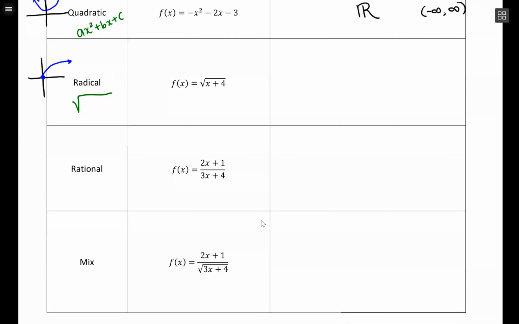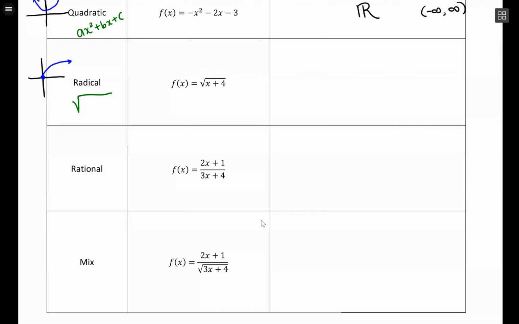In fact, it is half of a parabola on its side. We can talk about that more when we get to radical functions. But if we looked at the whole parabola, it would fail the vertical line test and it wouldn't be a function. So what we need to think about is how we're limited by what we can plug in for x.